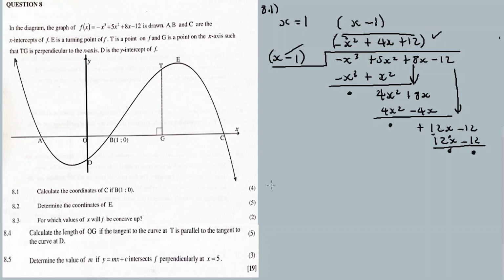Okay, now for the synthetic method, we take, let's say, we are given (1; 0) here, so it's going to be 1.